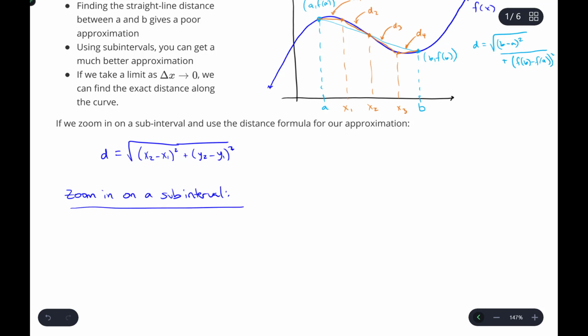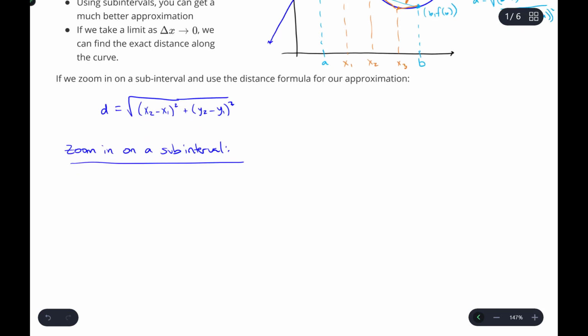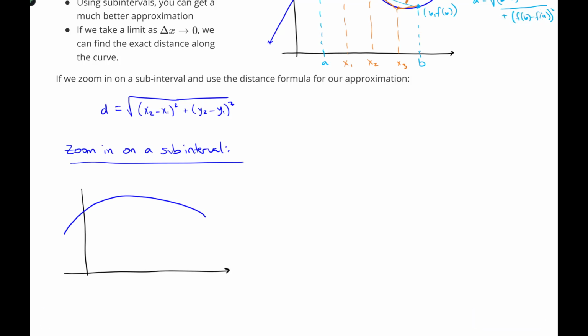Okay, so for instance, if I have just some general curve like this, and this is, say, some x value along our subinterval, which I'll call x sub i, and this is the next in line, so x sub i plus 1.